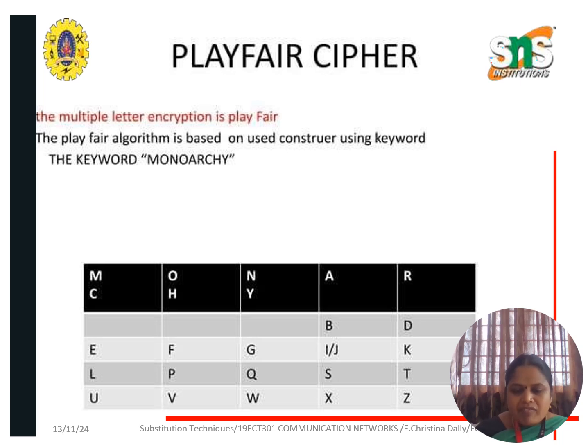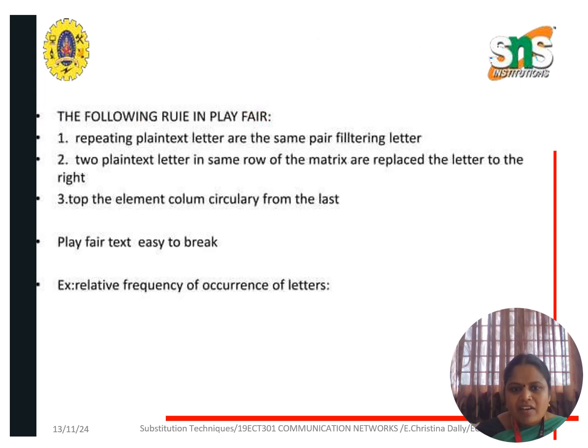For example, A is already present, the next letter B is not present, so I have written B here. Then C is already present, and D is not present in the word monarchy, so we write D next. Likewise, we fill all the values.